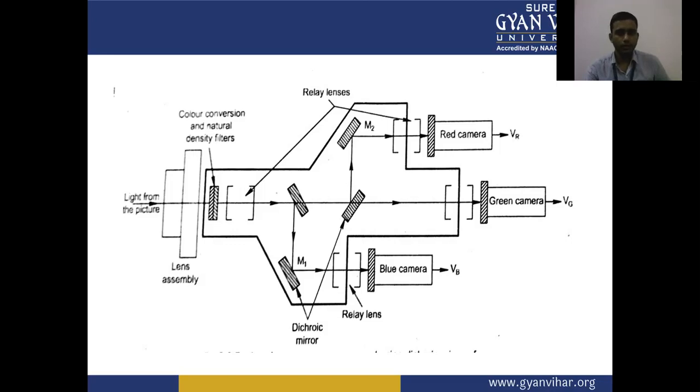We have some relay lenses producing the relay of the light, and M1, M2 are the dichroic mirrors. We have the outputs of the relay lines, that is the red camera, green camera, and blue camera. So three primary colors are developed at the output.